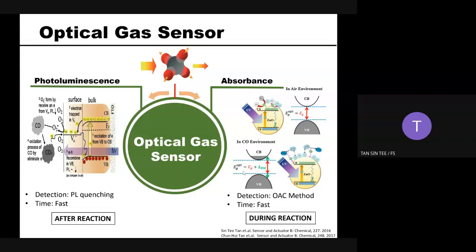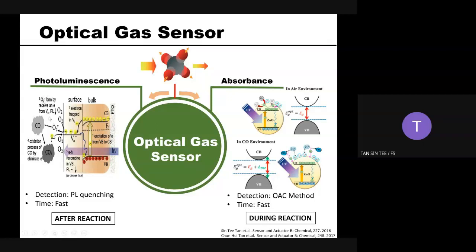For the photoluminescence sensor, we start the detection after the reaction by looking at the PL quenching. When we excite our material with an appropriate UV source, the electron will excite from the valence band to the conduction band of your semiconductor, and this electron will be involved in charge transfer when the species is adsorbed to the surface.